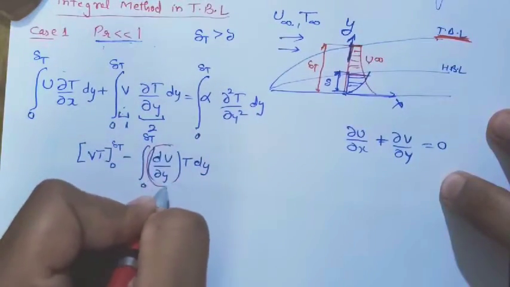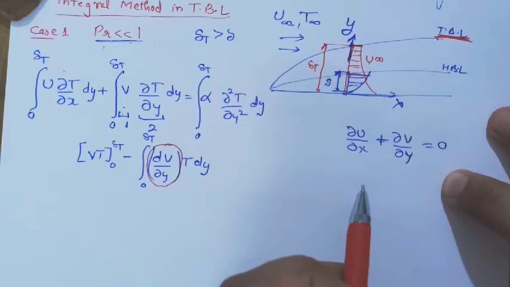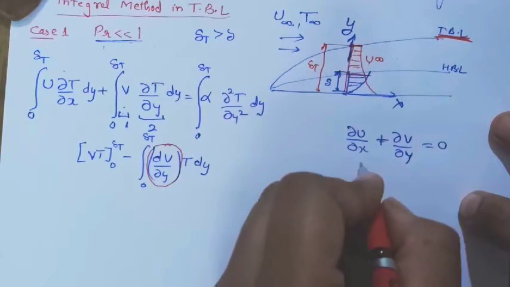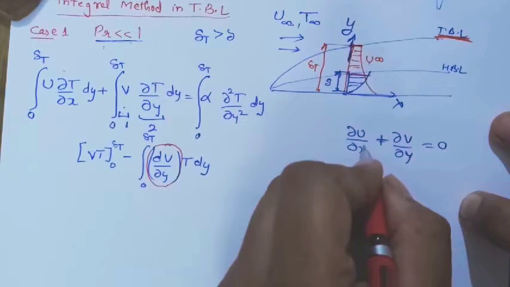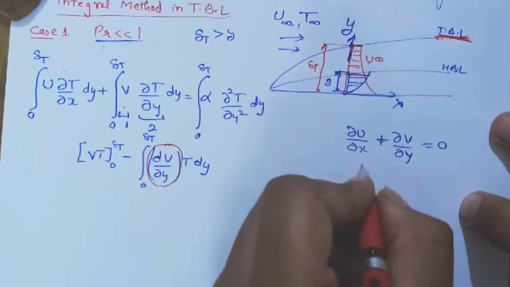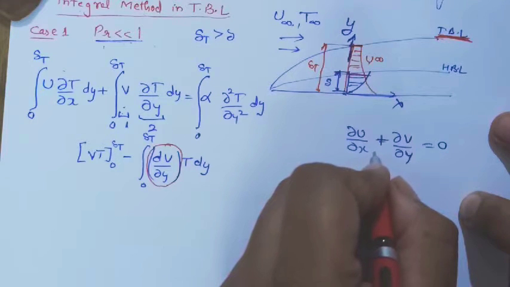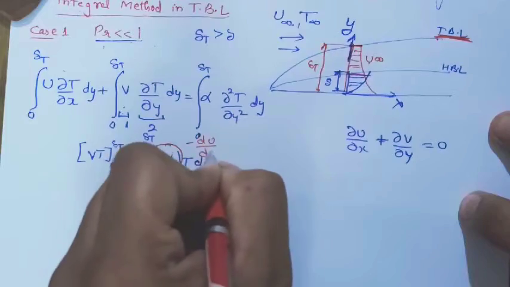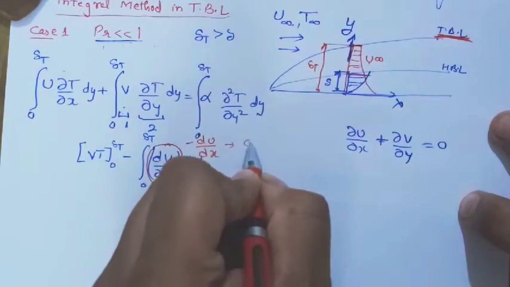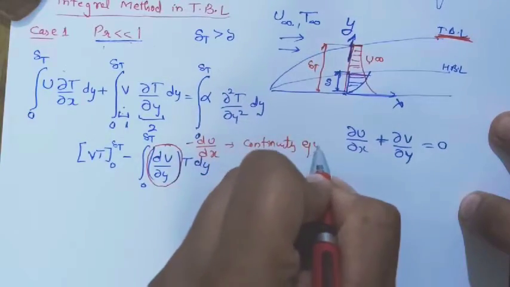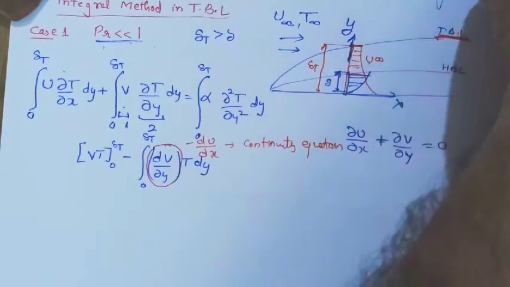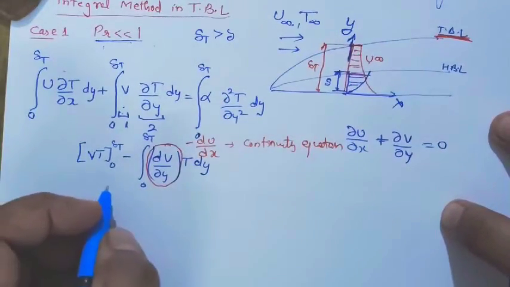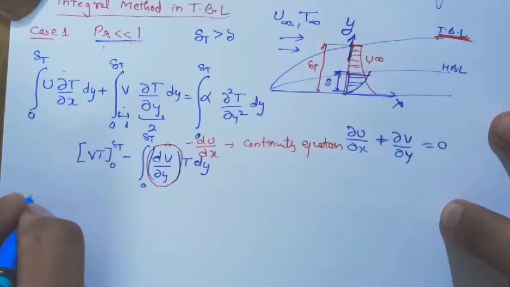And if you see this term, we have to calculate the value of this term, and this term is nothing but minus du by dx from the continuity equation, right?